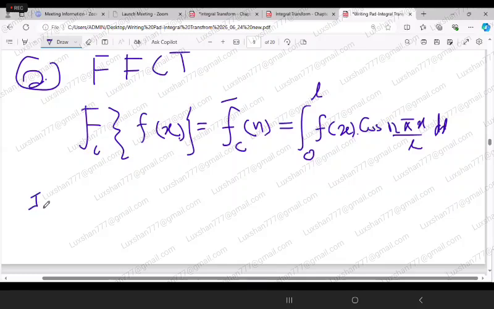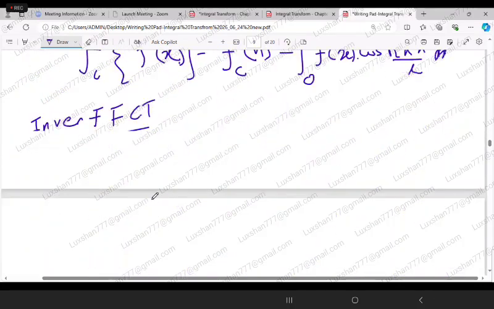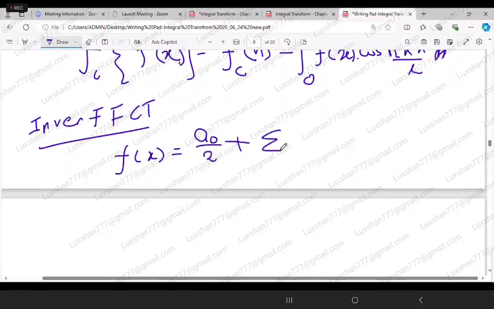The inverse finite Fourier cosine transform is, you can put f(x) equal to, here actually you have to put a naught by 2, or, we'll not put a naught by 2, we'll put some other thing.